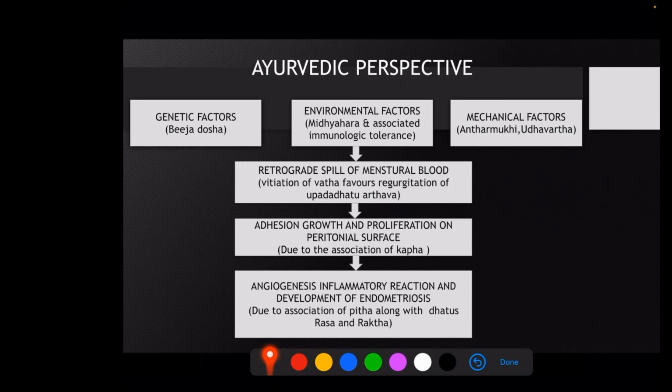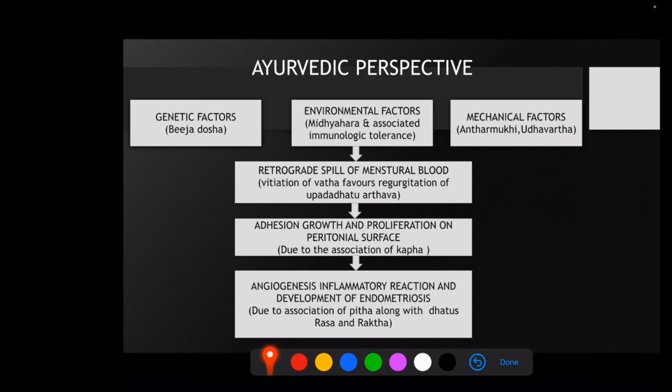Then, on the basis of clinical features, Vatiki Yoni Roga shows the symptoms of endometriosis like stiffness, roughness, fatigue, lethargy, toda, vedana, stambhana, then chronic pelvic pain, or pain over the inguinal area or flanks.